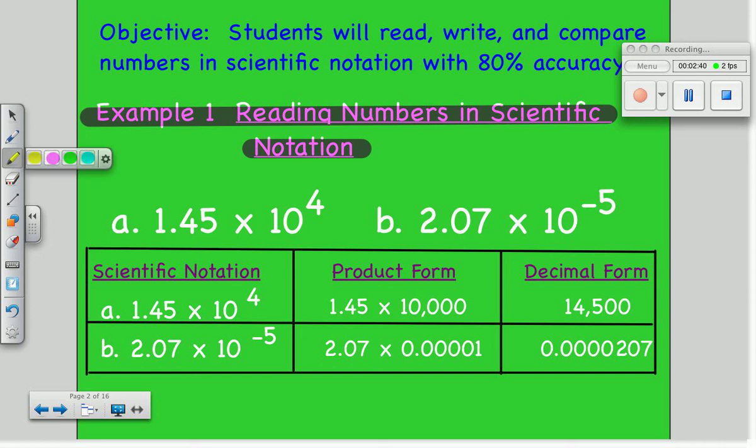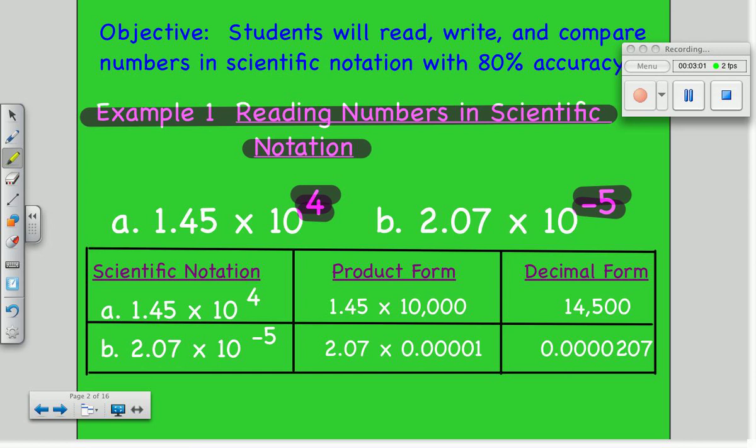All this negative 5 means right here is that this number is going to be a decimal. All that does is tell you which way to move the decimal. And this positive one here also tells you which way to move the decimal. But since a positive is opposite of a negative, you're going to move the decimal in opposite directions.